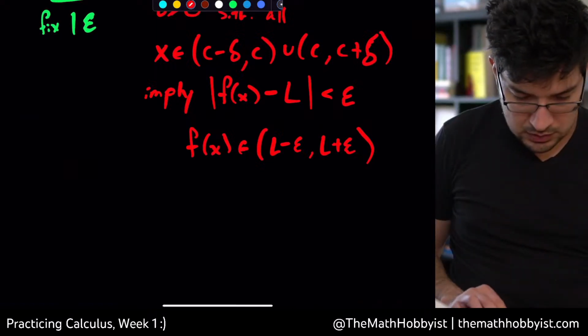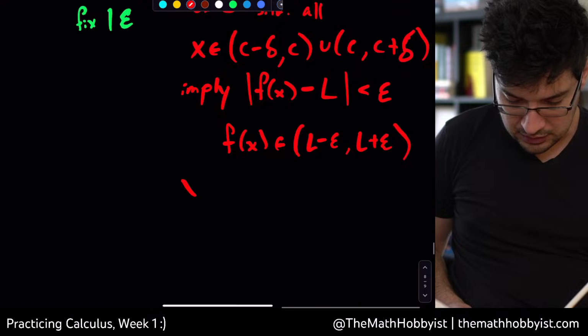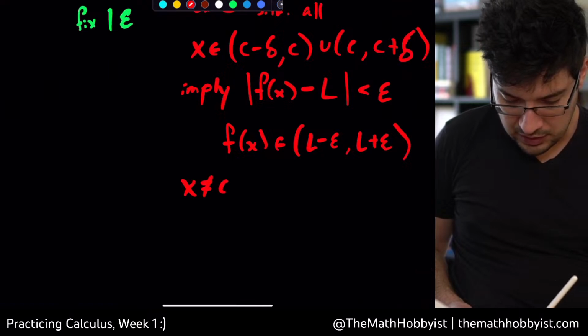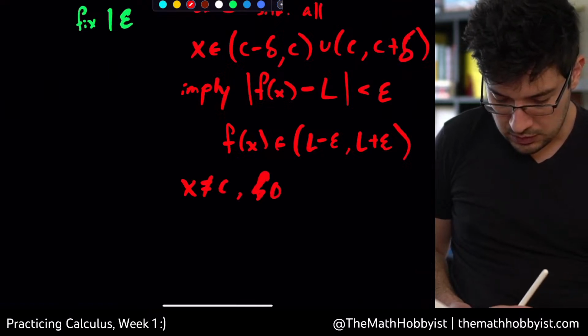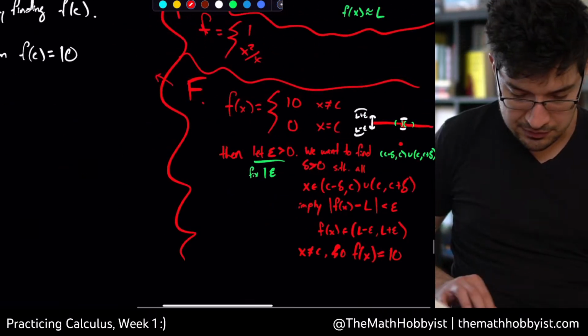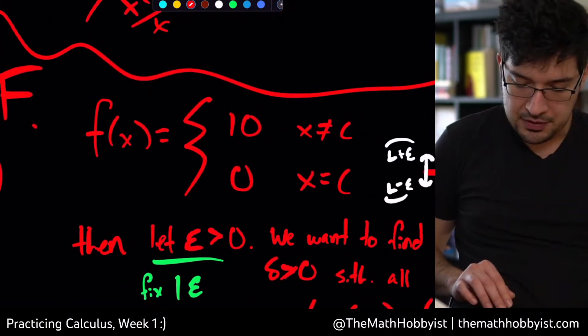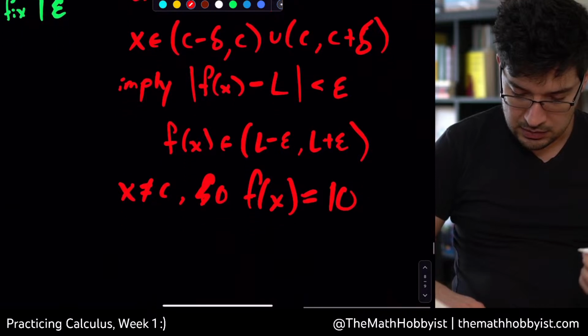Okay, so x is not C. Notice, x is not C, so f of x equals 10 by definition. The function is 10 everywhere other than the point C, right?